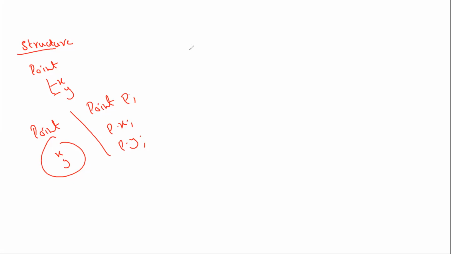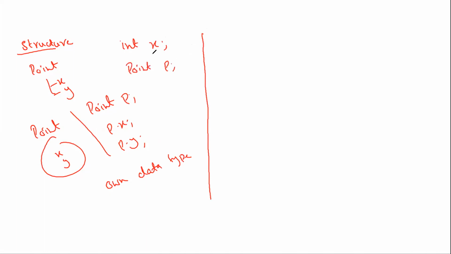Now what we are doing here is, when you actually make a structure, you create your own data type. Point is not a data type which exists already in C++. There are very few data types with which you are already familiar. But once you write int x, integer is a data type which already exists, and once you write point p, you can compare both of these.